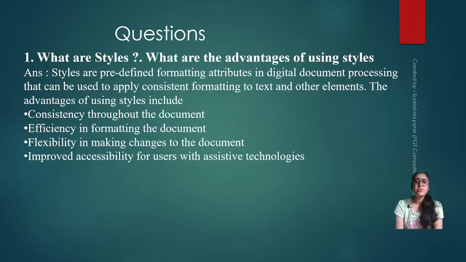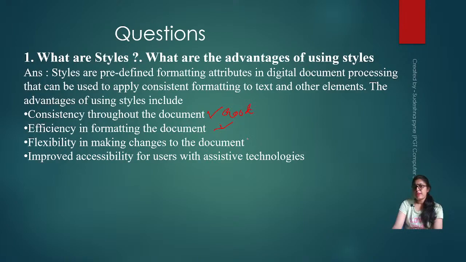The advantages of using styles include consistency, as I told you beforehand as well. Consistency is very important for a good document, definitely. Efficiency in formatting a document is also very important.